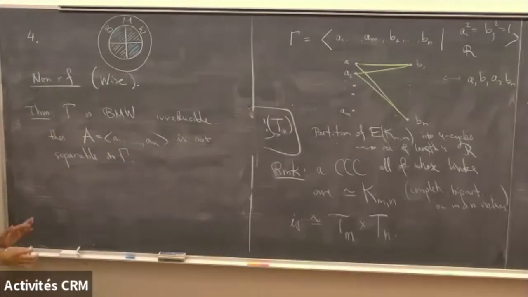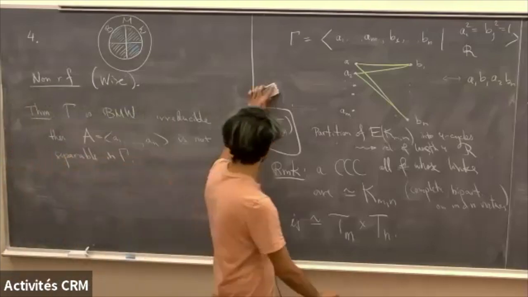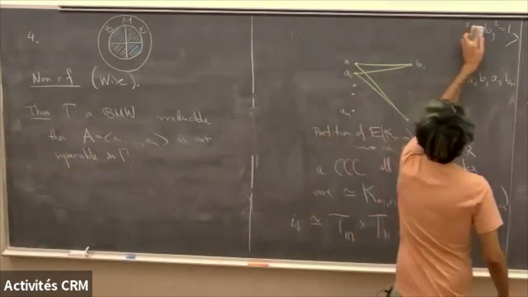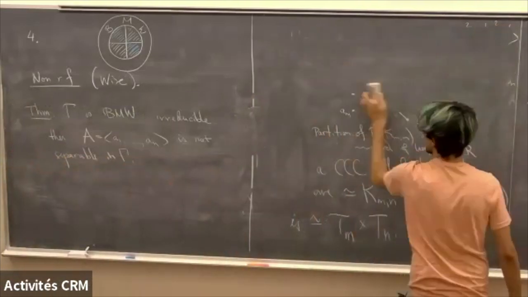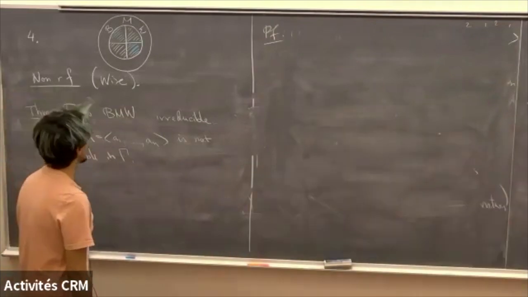This is not quite non-residual finiteness, but from this we will be able to cook up an example which is not residually finite. So why is that? Let's prove it.